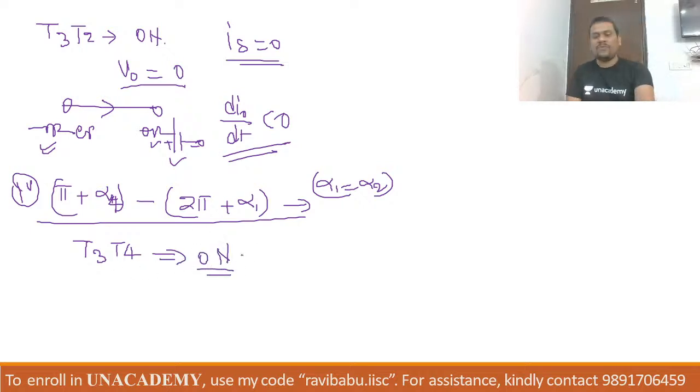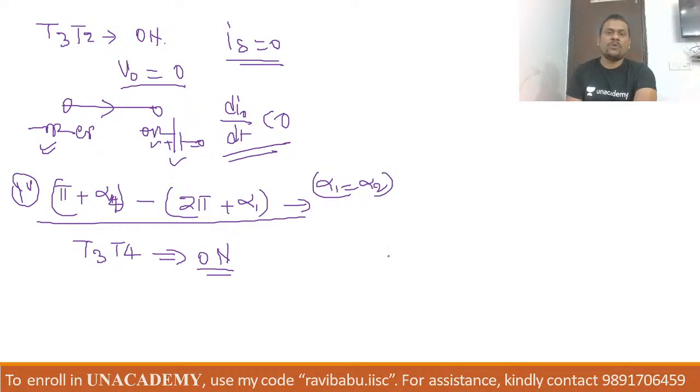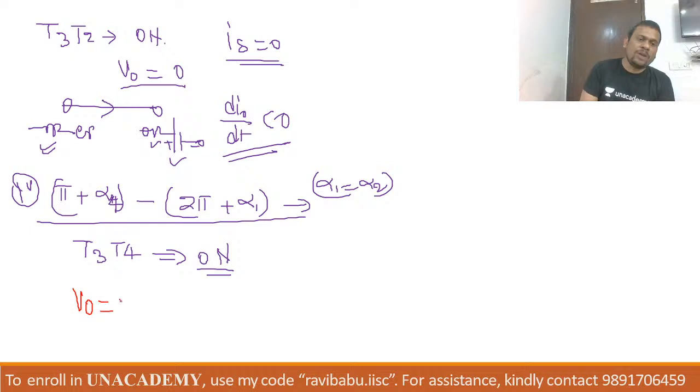And you know very well from the circuit here, if T3 and T4 are on simultaneously, then if you apply KVL in such fashion, V0 will be Vs. So here I want to write in this case the equation: V0 will be Vs, and this time B is positive, A is negative, so it is VBA.